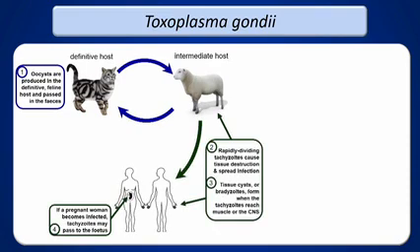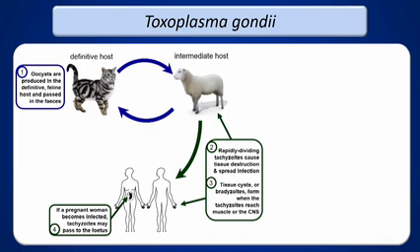This will manifest by these tachyzoite stages of T. gondii rapidly dividing, causing tissue destruction, spreading, and then entering usually a dormant stage, perhaps in the muscle, perhaps in the central nervous system, where they'll just lay silent for many, many years.